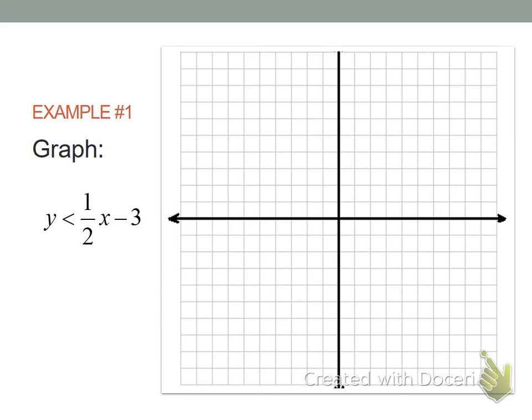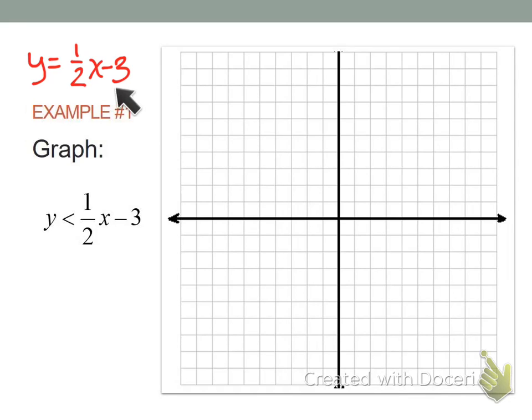Let's do some examples. Our first one, y is less than 1/2 x minus 3. When we graph our boundary line, we are going to graph it as if it were an equal to symbol here. So we treat it like it's y equals 1/2 x minus 3.